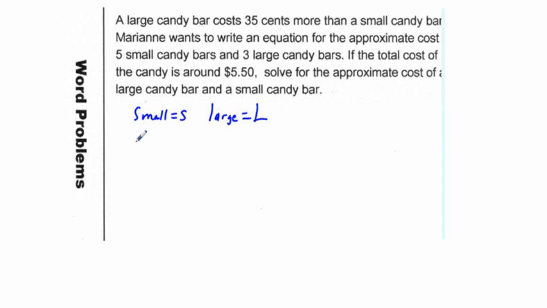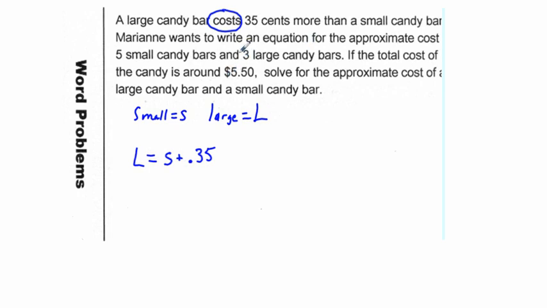So a large candy bar, and now we just have to translate this from English into algebra. So a large candy bar costs, and cost would be a word that would be translated to equals 35 cents more than a small candy bar. So S plus 35 cents. In algebra language, 35 cents is 0.35, okay, because we're talking about dollars.